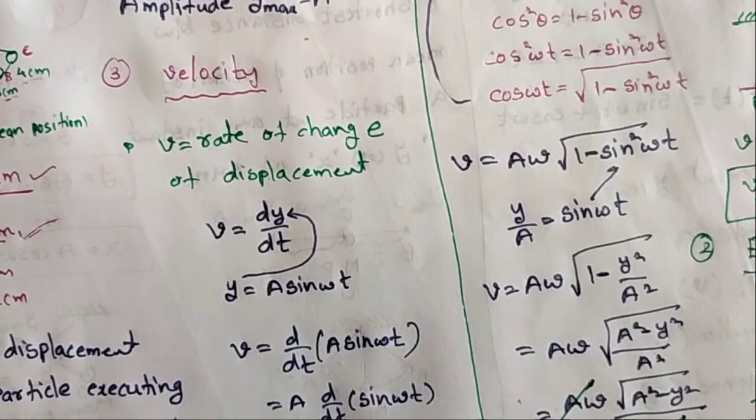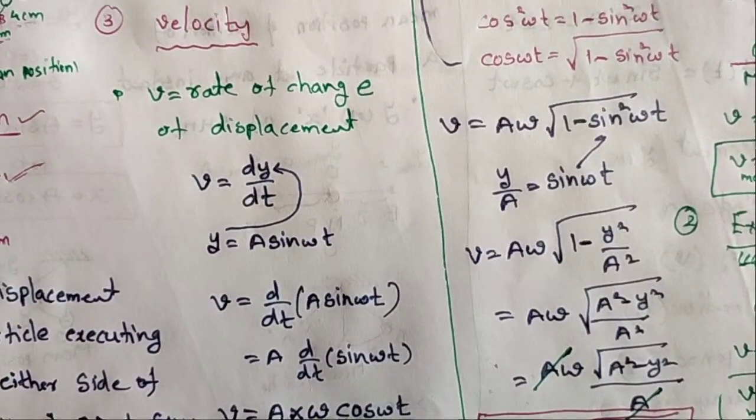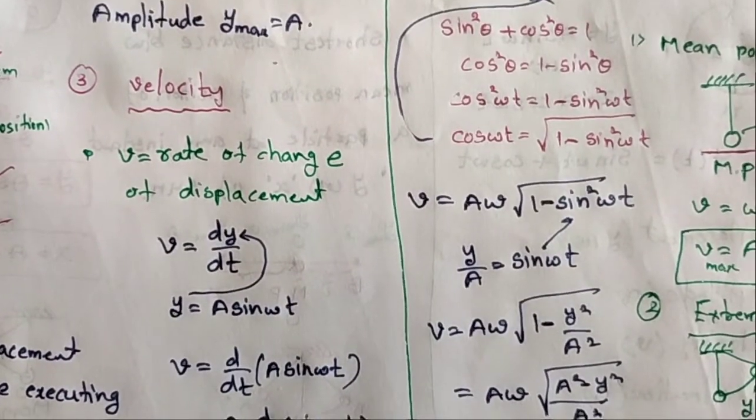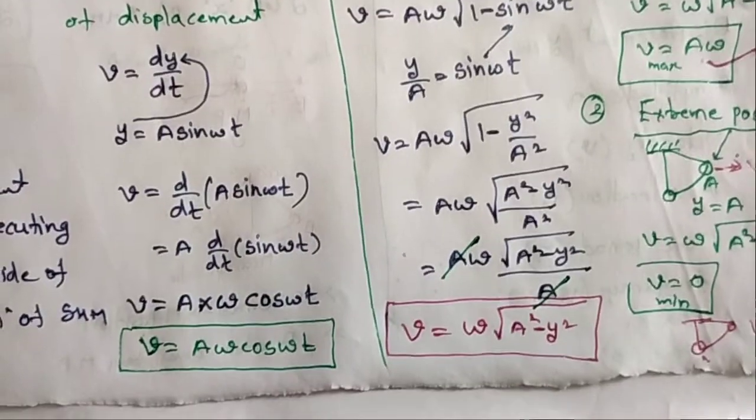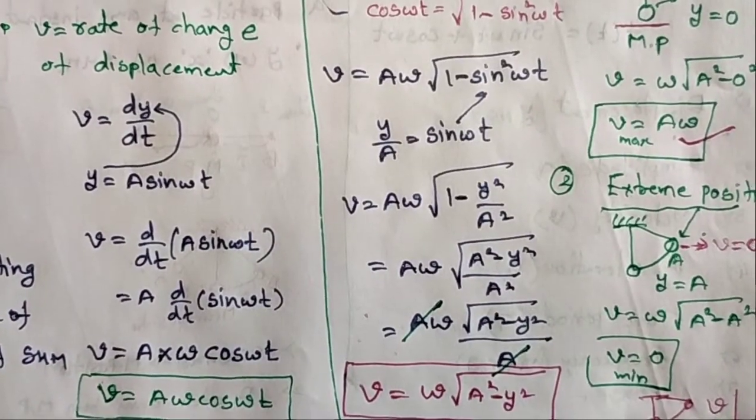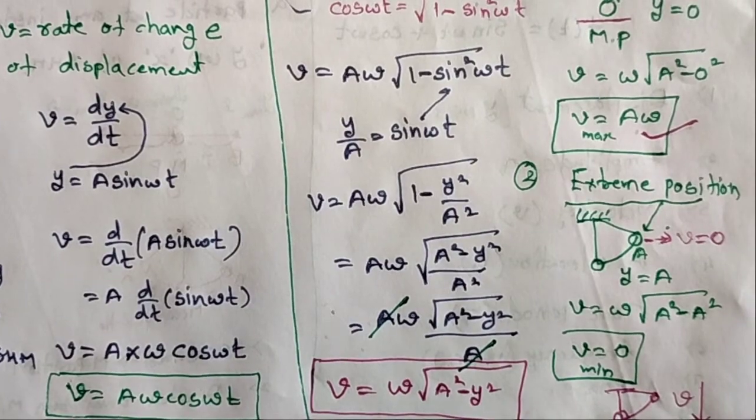So this is the third characteristic, the velocity, with its equations and the different conditions.